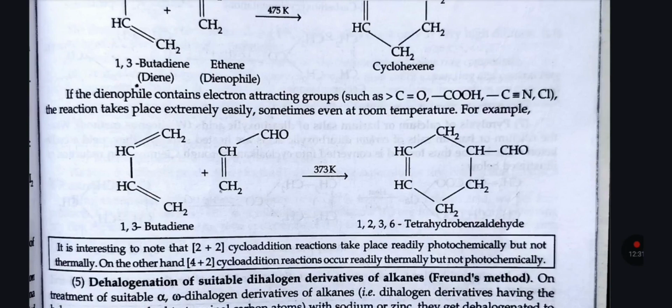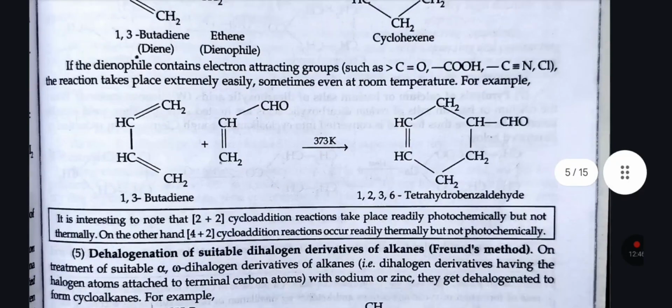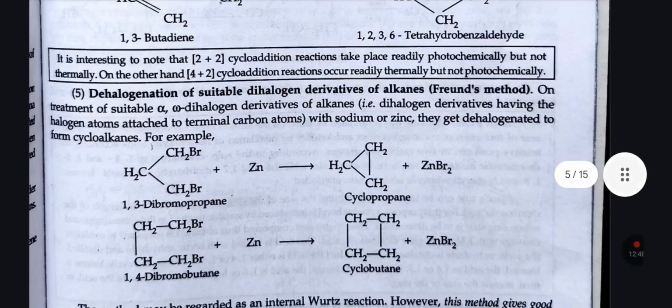For example, 1,3-butadiene plus CHO-CH=CH2 at 373 Kelvin will give 1,2,3,6-tetrahydrobenzaldehyde. It is interesting to note that 2+2 cycloaddition reaction takes place readily photochemically but not thermally. On the other hand, 4+2 cycloaddition reaction occurs readily thermally but not photochemically.